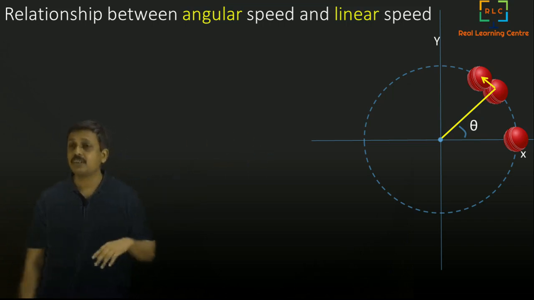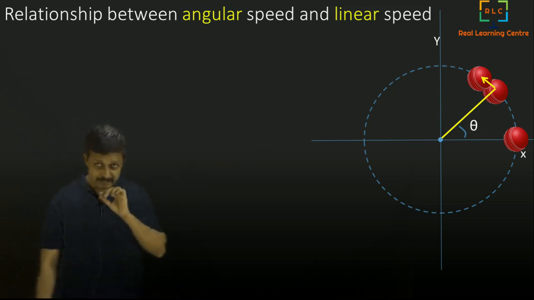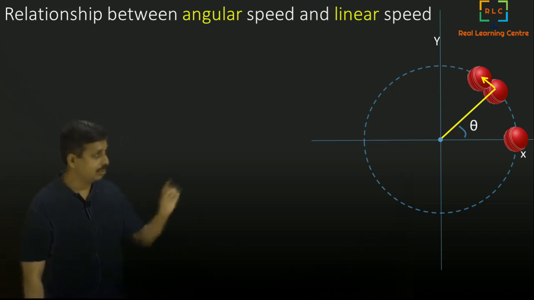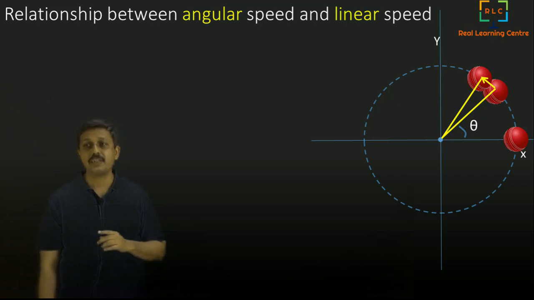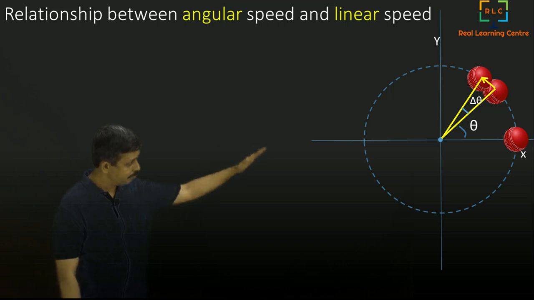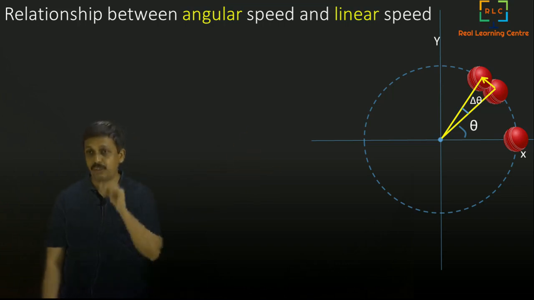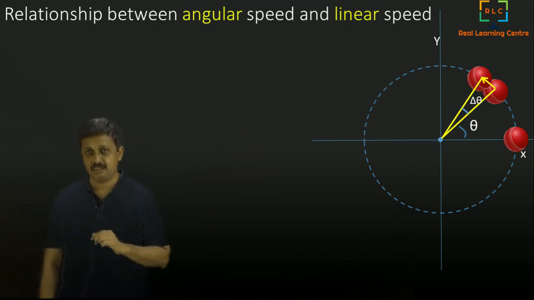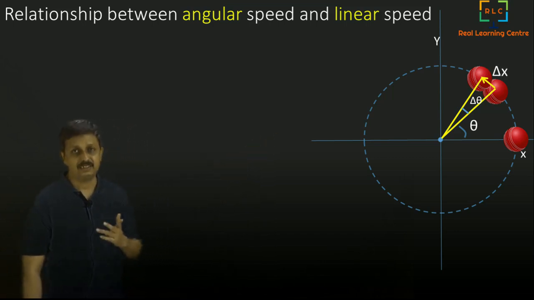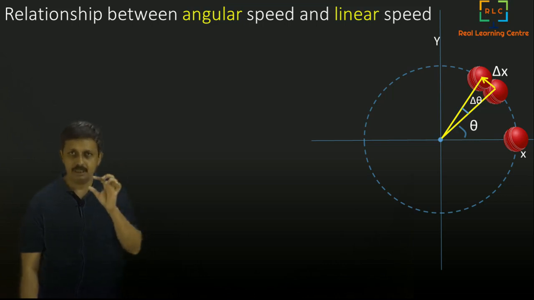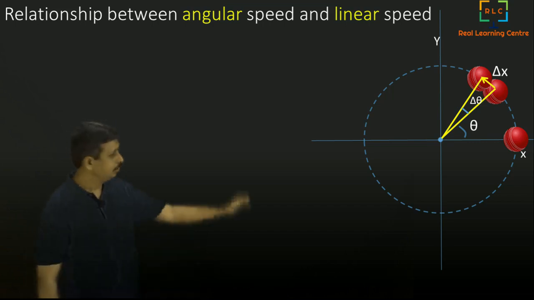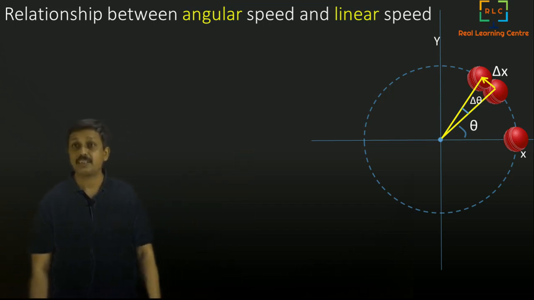It has moved a linear displacement, not velocity, displacement. The angle it has covered while doing so, I will call a small angle delta theta, and that small displacement I will call delta x. Delta is a small triangle symbol which we use to say small, a very small displacement delta x.